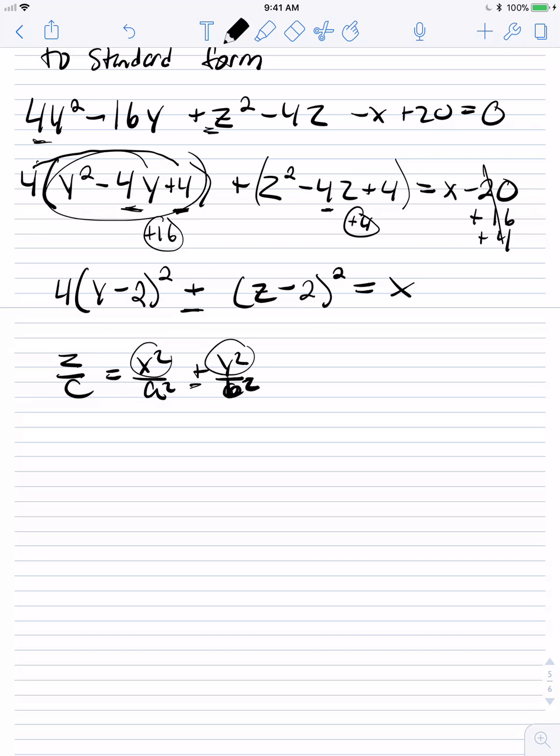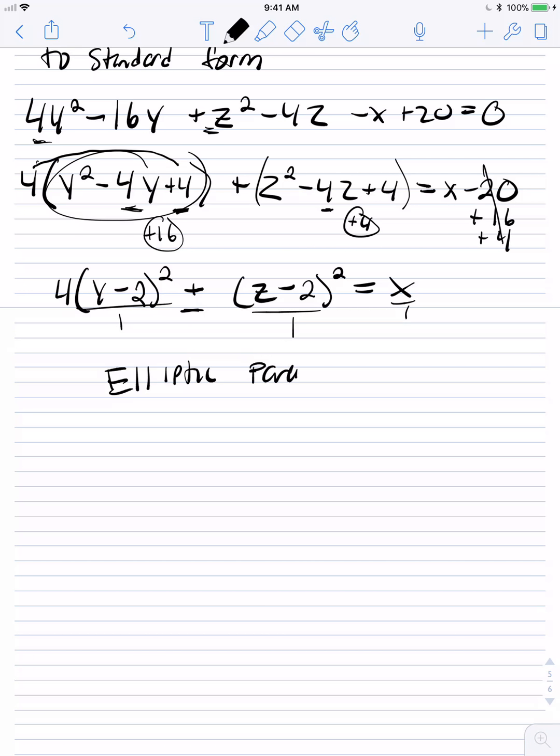So we have a plus sign, so we know that this has to be an elliptic paraboloid. And this is in standard form, so over 1, all over 1. So we know that this equation is now in standard form of an elliptic paraboloid.